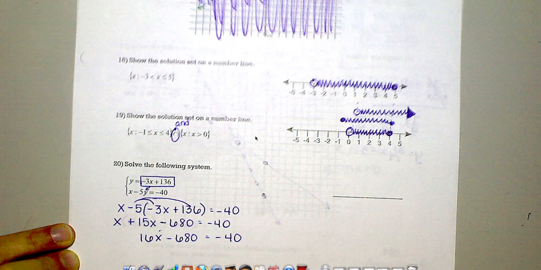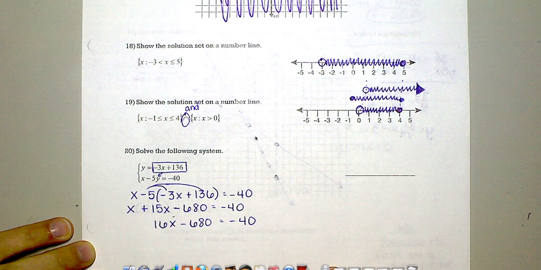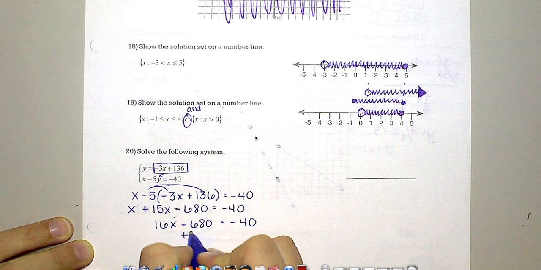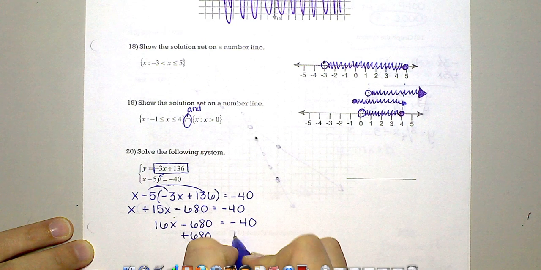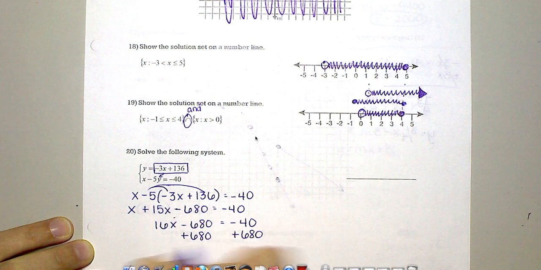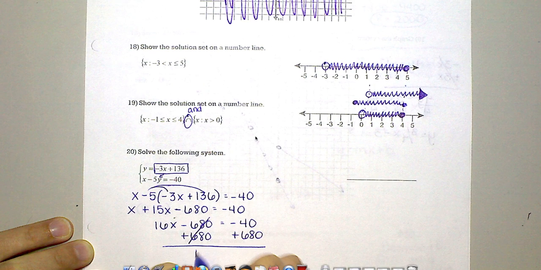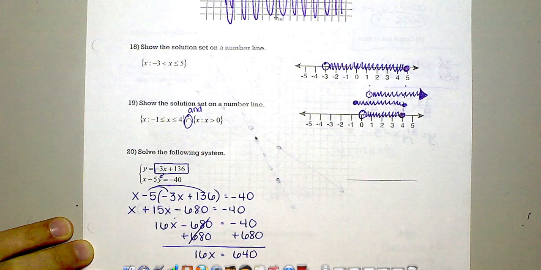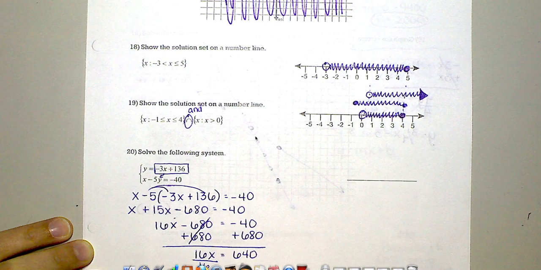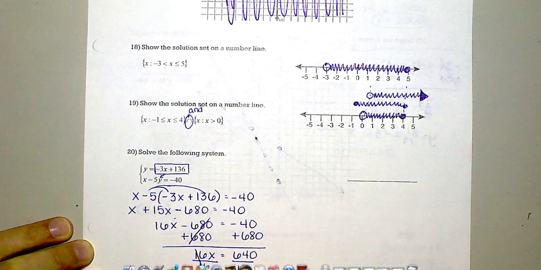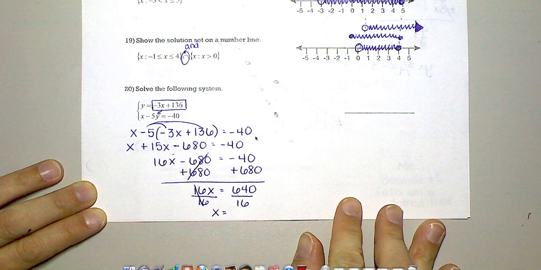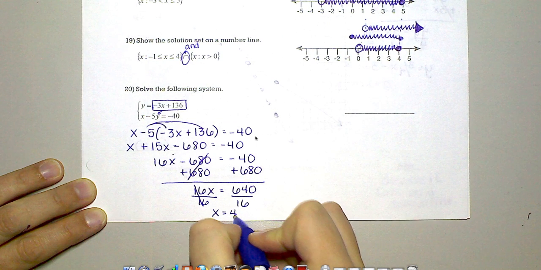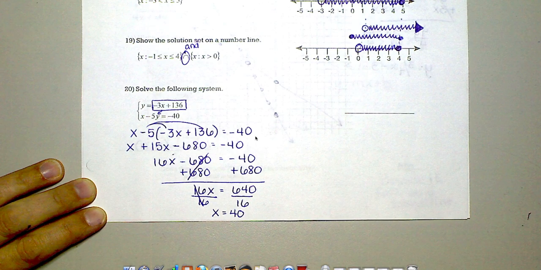There's some larger numbers than probably what you're used to working with, but this is correct. Add 680 to each side. And I'm going to end up with 16x equals 640, divided by 16. And x equals 40. Just going to double check that, but I'm pretty sure it should be 40.